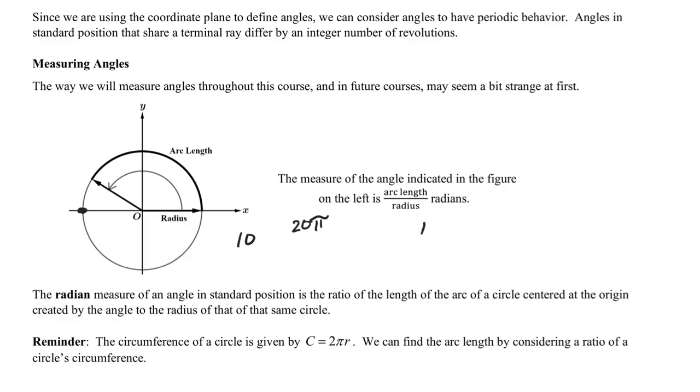I went 10 pi. And then if you divide that by the radius, that's leaving pi. So this would be pi radians. All right. So I went 180 degrees if I were measuring the angle in degrees, but I went pi radians if I was measuring in radians.